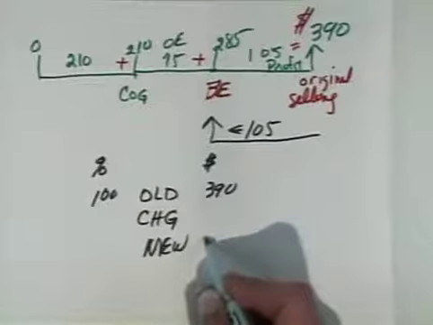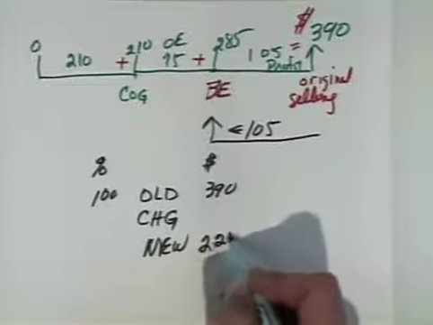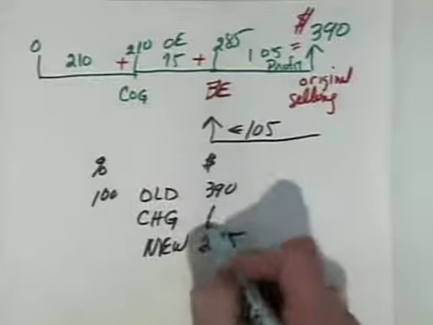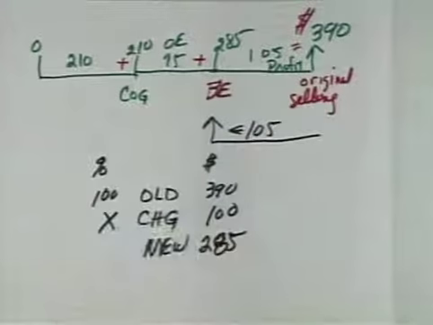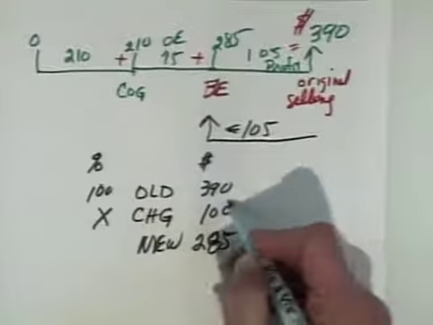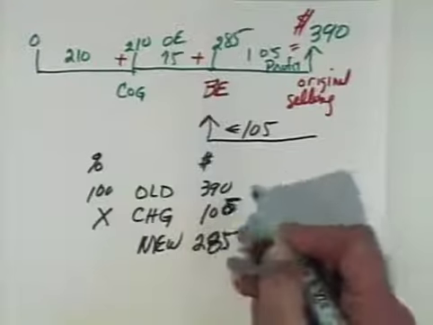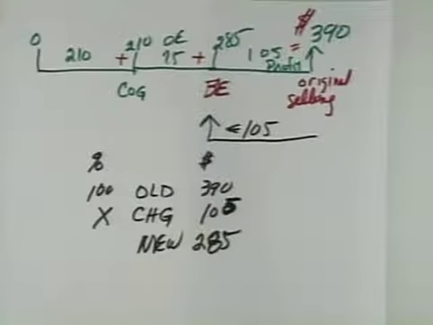I could mark it down to a total of $285, which would be $105 change. I'm very sloppy today. $105 worth of markdown or change. So the percent that would be could be calculated by how much? 26.92. I agree.